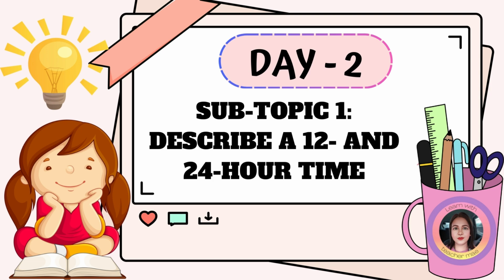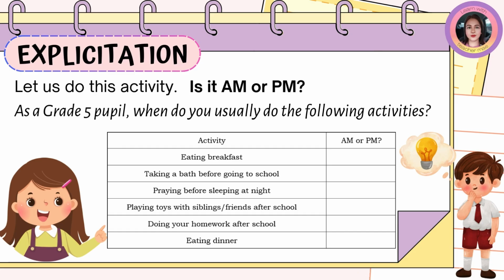Subtopic number 1: describe 12 and 24-hour time. Let us do this activity. Is it AM or PM? As a grade 5 pupil, when do you usually do the following activities? Eating breakfast. Is it AM or PM?